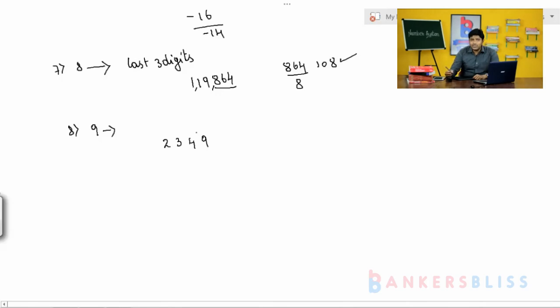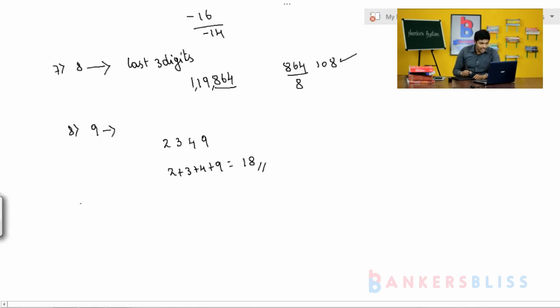Whether the number is divisible by 9 or not, I don't know. See here, 2 plus 3 plus 4 plus 9, which is equal to 2 plus 3, 5 plus 4, 9 plus 9, 18. Is 18 divisible by 9? Yes. Hence, the given number is divisible by 9.